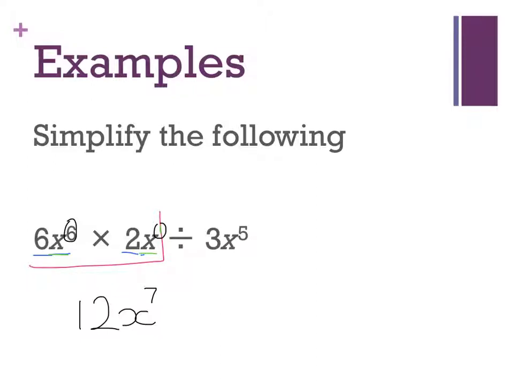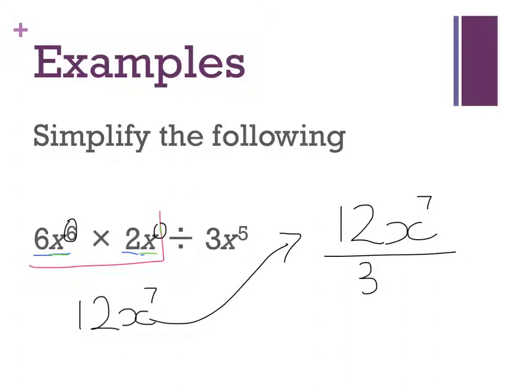Now I've got 12x to the power of 7 divided by 3x to the power of 5. So let's rewrite this up here because now I'm doing division. 12x to the power of 7 divided by 3x to the power of 5. Okay, pretty straightforward. Let's deal with my numbers first before my pronumerals. 12 divided by 3 is 4.